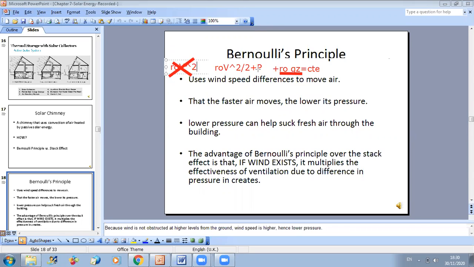On the other hand, the good thing in stack effect is that even if we don't have wind, we can have a motion of air due to temperature difference, due to buoyancy effect. We will see this in more detail in the following slides.